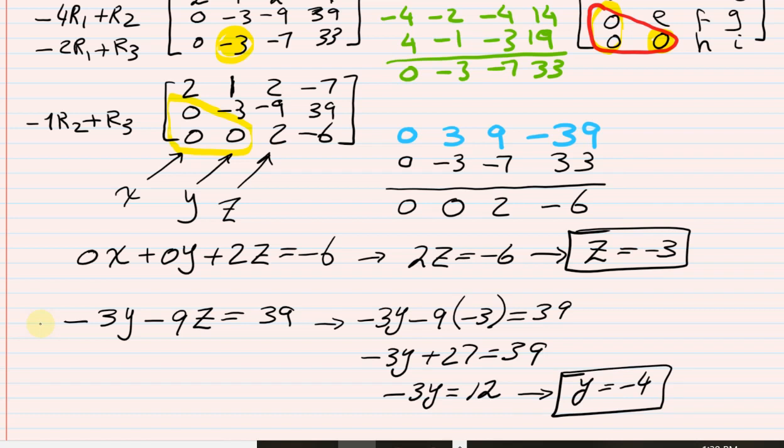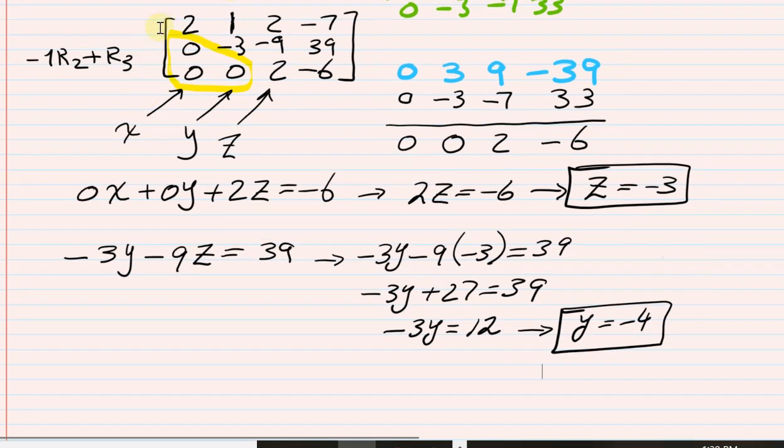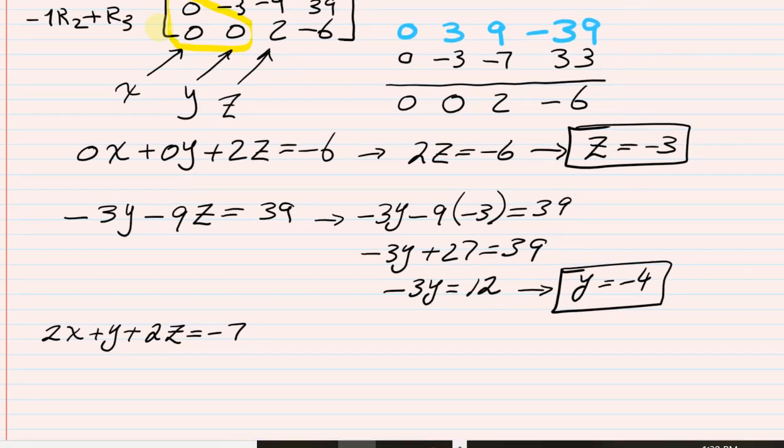And we need to solve for x, right? Well, the first row is what I'm going to use. Now the equation that goes with that is 2x plus y plus 2z equals -7. Plug in y and z in there, we get 2x plus y is -4, plus 2z, z is -3, equals -7.